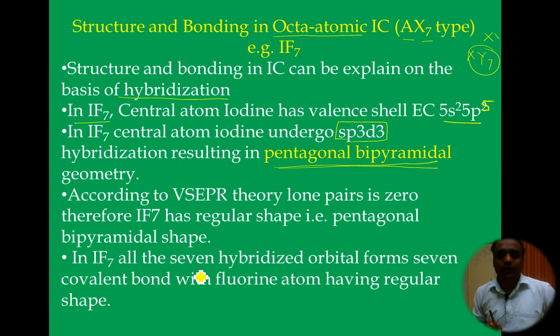In IF7, all 7 hybridized orbitals form 7 covalent bonds. How many covalent bonds will there be? 7 covalent bonds with fluorine atoms, having a regular shape. This iodine will form 7 covalent bonds with the 7 fluorines, and that's why it has a regular shape.